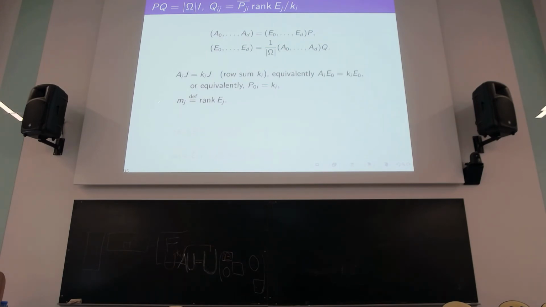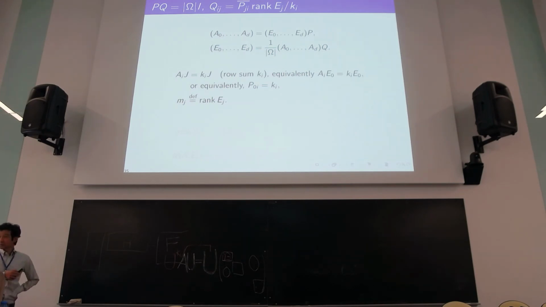Here k_i is the row sum of A_i. If you multiply the 0-1 matrix A_i by the all-ones vector, you get the row sum k_i. This is a constant; it doesn't depend on the row, so it is denoted by k_i.